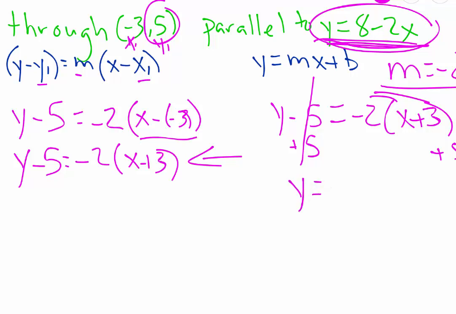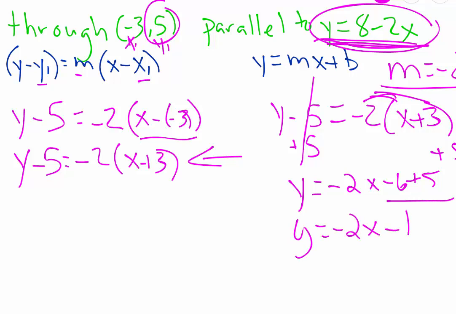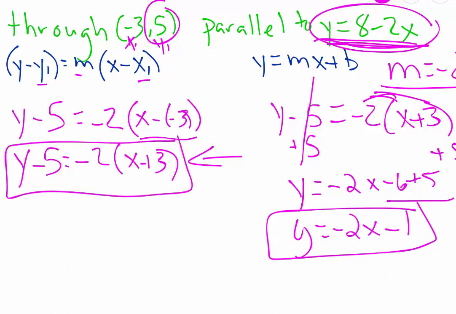So we're going to move that 5 over to the other side, but let's go ahead and distribute this -2, giving us -2x minus 6, and then remember we just added that 5 to the end. Combine your numbers at the end, which gives us y is equal to -2x minus 1. And there you go, your equation in point slope and your equation in slope intercept form.